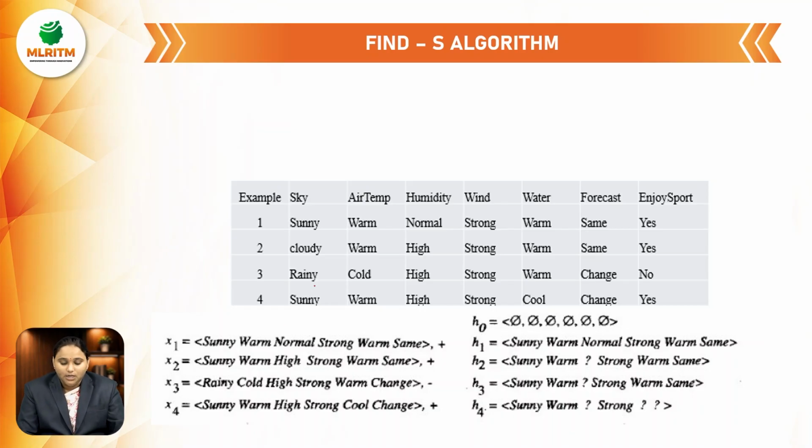Coming to the example, this is the question. In this, we need to solve the problem. First, the representation of the hypothesis is initialized with the specific hypothesis phi. That is, it is a specific hypothesis.